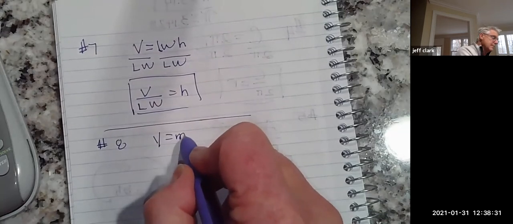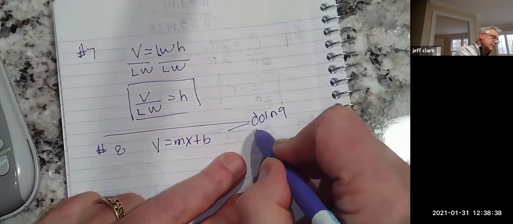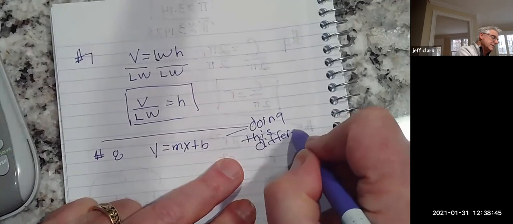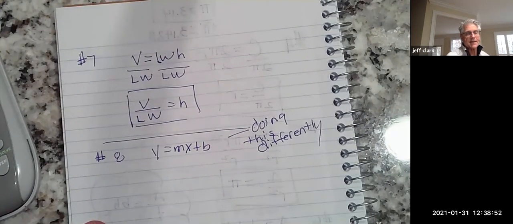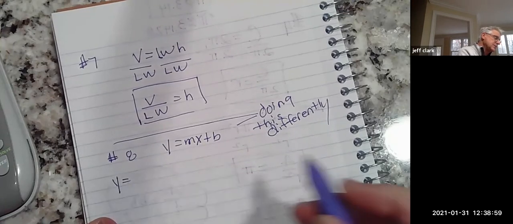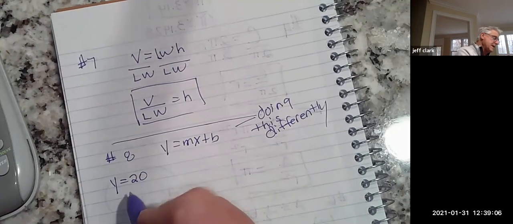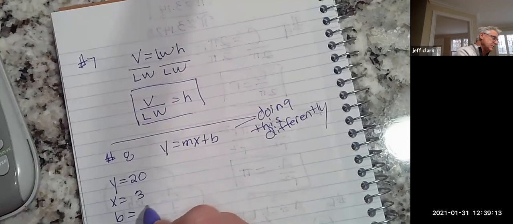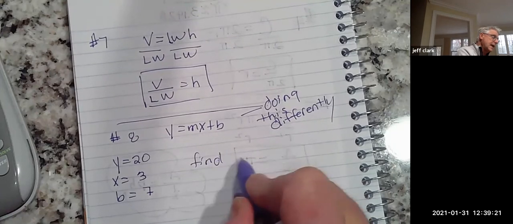It's Y equals MX plus B. So let's say I give you the letter Y, the letter X and the letter B. Let's say Y is equal to 20, X is equal to 3 and B is equal to 7. And I say, find M.